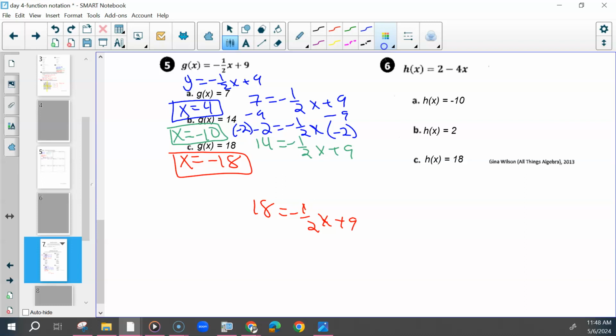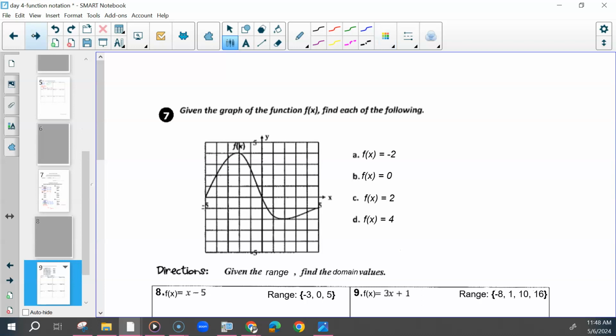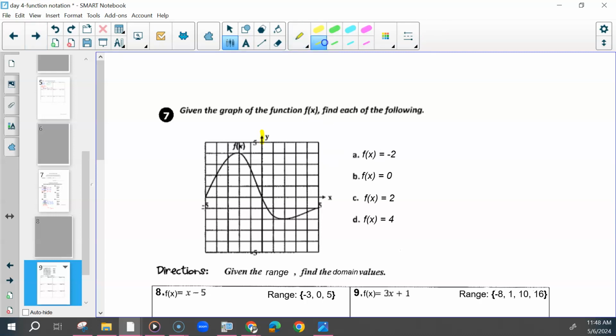Look at 7 on the next page. It's very similar to the graph with the x's, but now we're given y values. So you would have to find your x values when y is -2 now. So when y is -2, what is your x value?